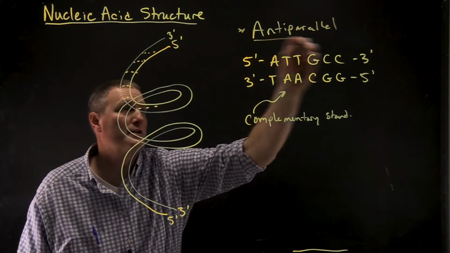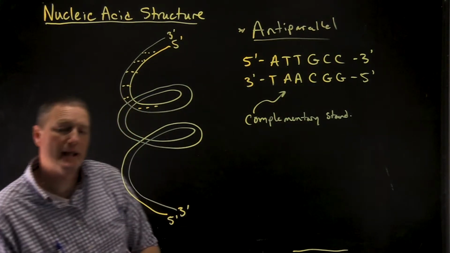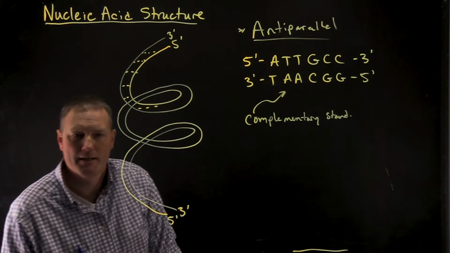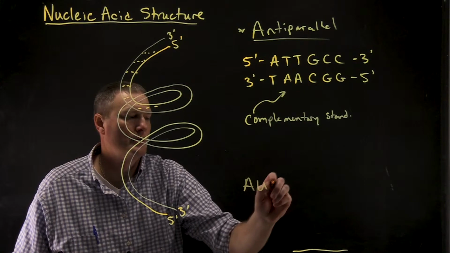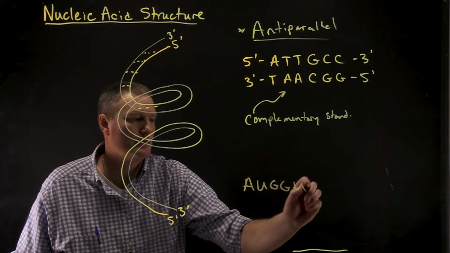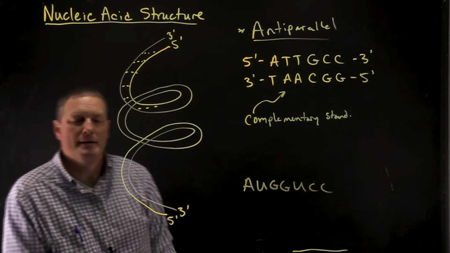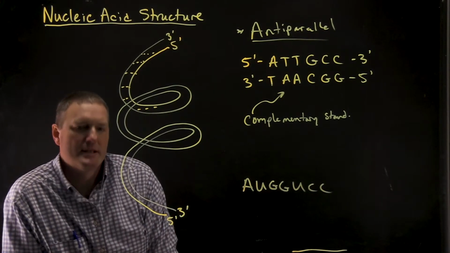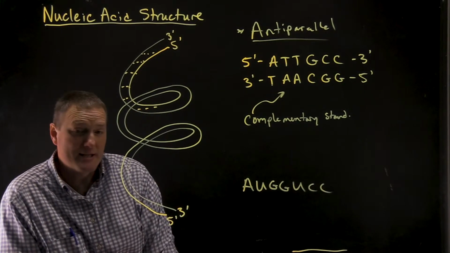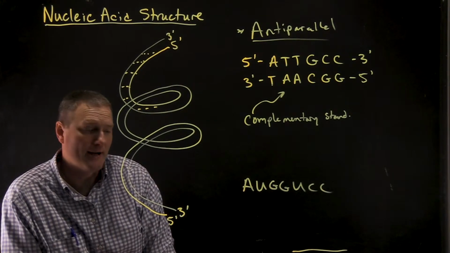Okay, one little trick I'll just mention, if you were to see a nucleotide structure drawn in the following way, let's say A, U, G, G, U, C, C, whenever you see uracil or U in a sequence like this, you need to immediately recognize that we're not talking about DNA anymore. We're talking about RNA.